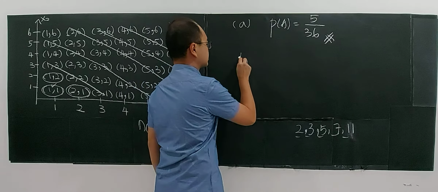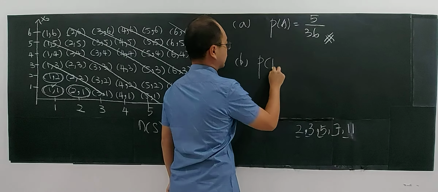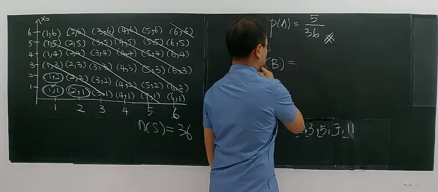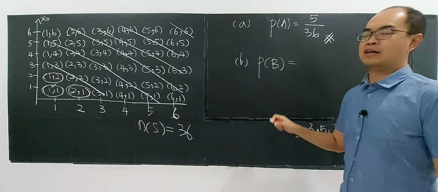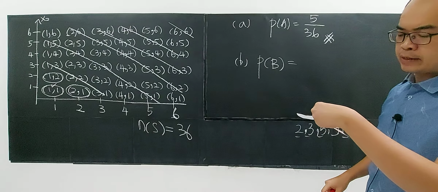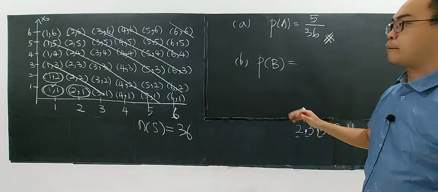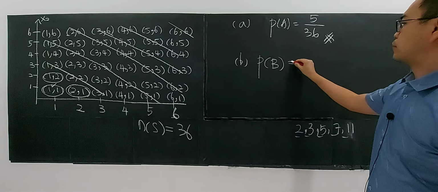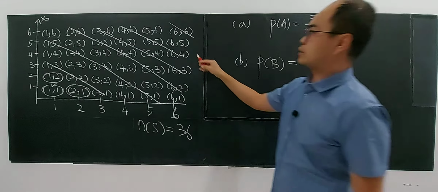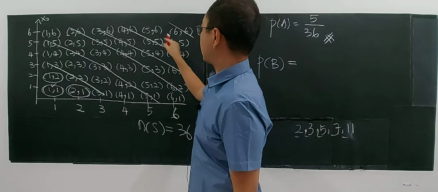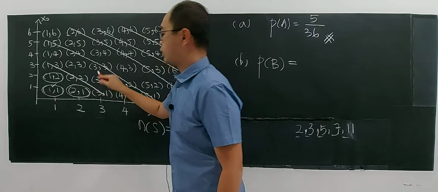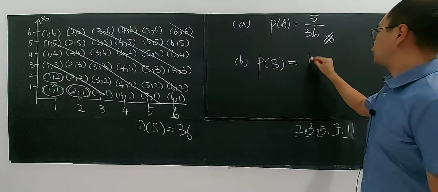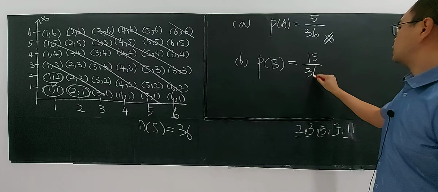But you have to define some variable, right? Usually I will tell students, you just write P(B) because this is for question B, right? So B is the event where the sum of the two numbers is a prime number, right? From here you can see that all the outcomes make up the event B, which is 15 of them divided by 36.